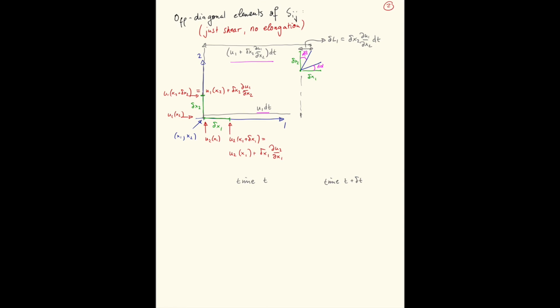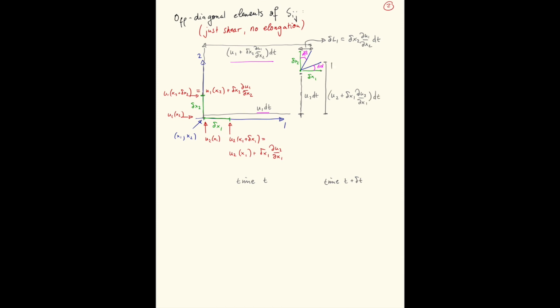And similarly, the displacement from down here all the way to up here is u2 dt. And for the other end of the line element, you go from down here to up here, and your displacement is u2 plus delta x1 du2 dx1 times dt.